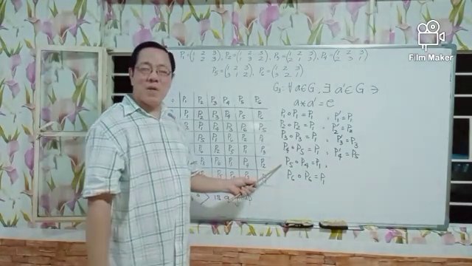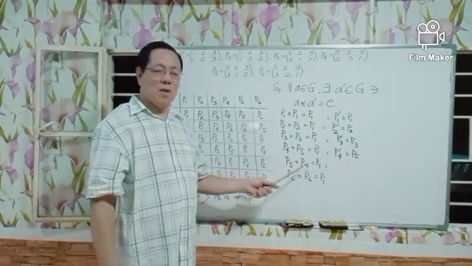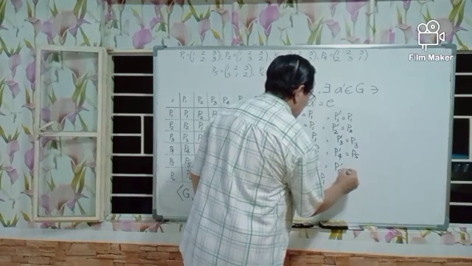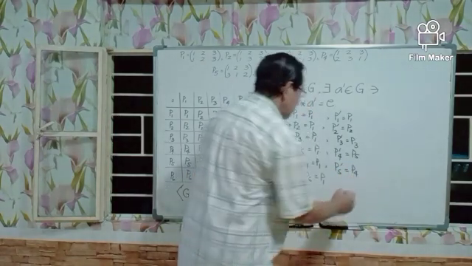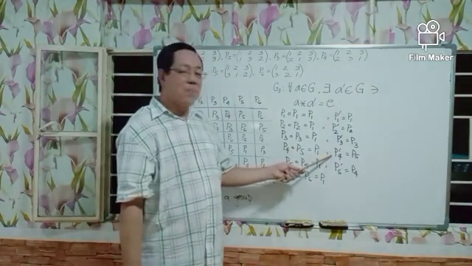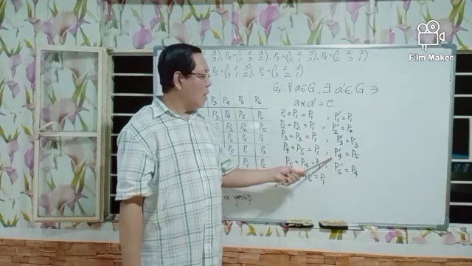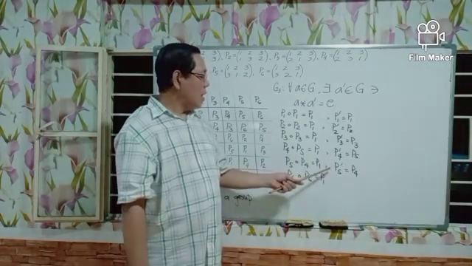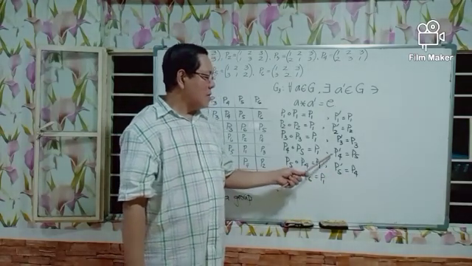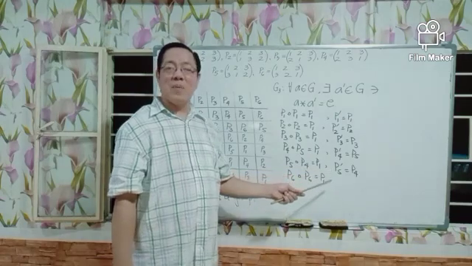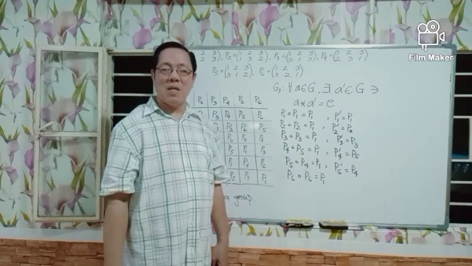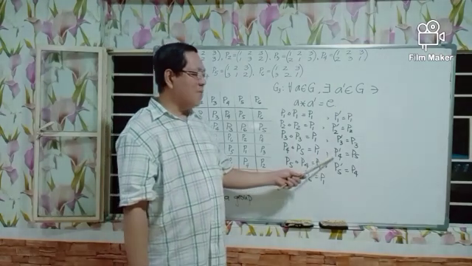Thus, we conclude the inverse of P5 is P4. We have these results: P prime 4, or the inverse of P4, is P5, and P prime sub 5, the inverse of P5, is P4. Thus, we can say that P sub 4 and P sub 5 are inverses of each other. The inverse of P5 is P4, and the inverse of P4 is P5.